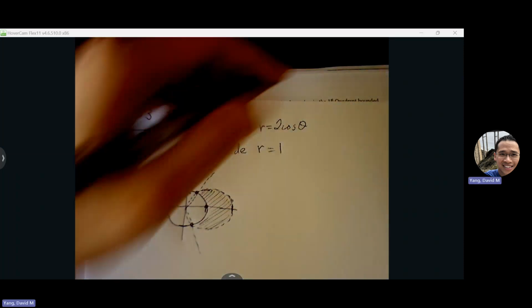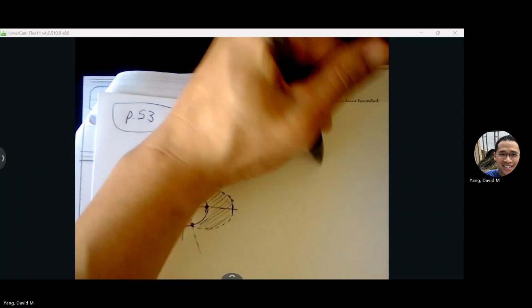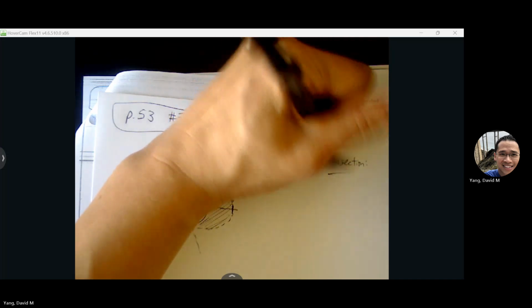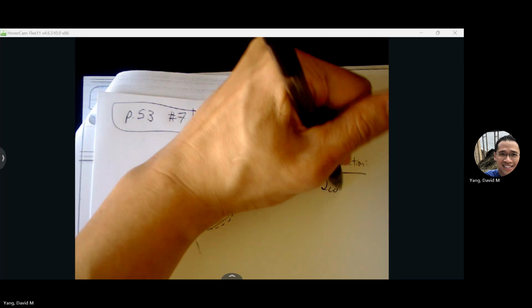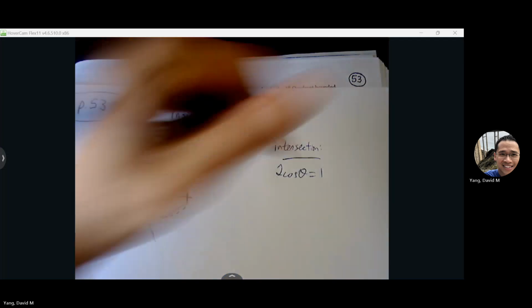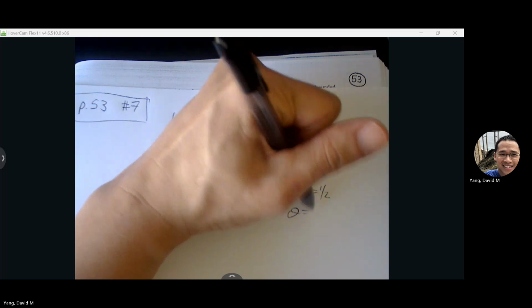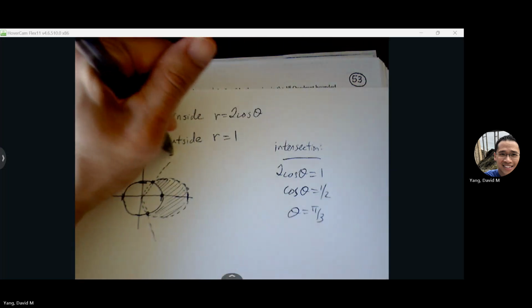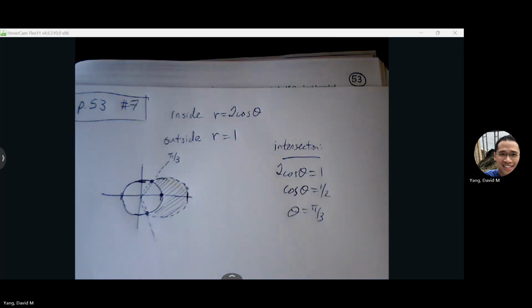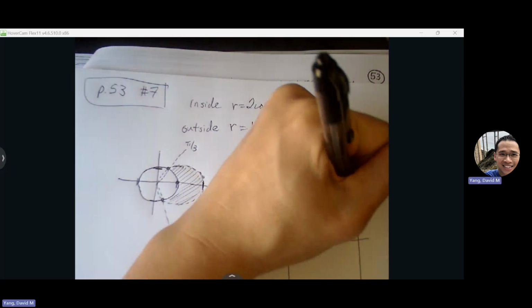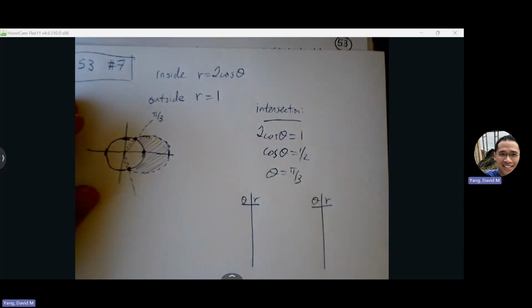Let's find the intersection between these two curves here. And if we can kind of just have an idea where these graphs start and where the graph ends.